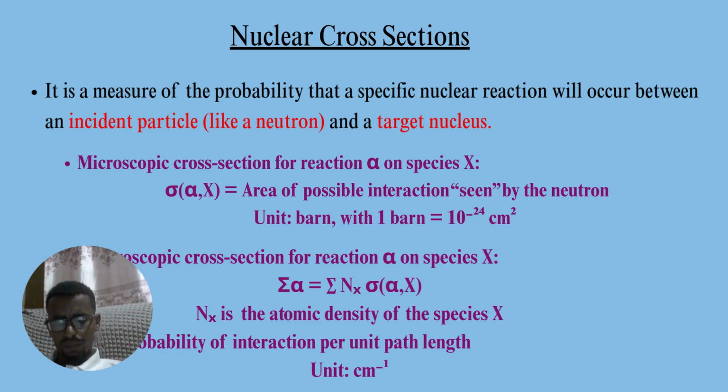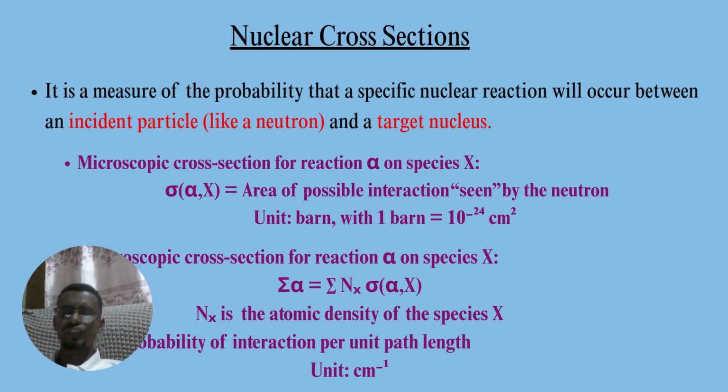Whereas macroscopic is the total target area presented by all the nuclei in a bulk volume, and it represents the probability of the reaction occurring per unit distance traveled as a particle moves through the material, which means its unit is per centimeter.